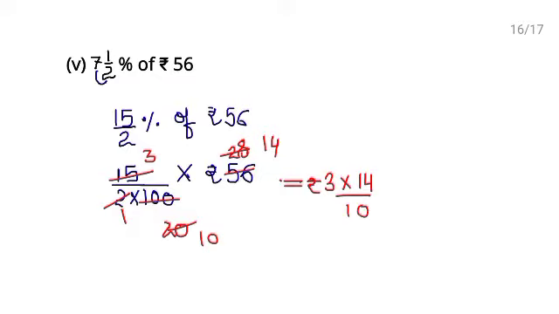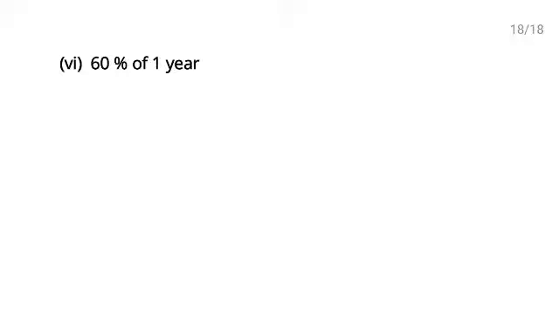So 14 3s are 42 rupees upon 10. In denominator you have power of 10. Okay, 1 0 is there, so you will put decimal before one digit, and this is in rupees. This is your answer. Next part, sixth part, 60% means 60 out of 100.